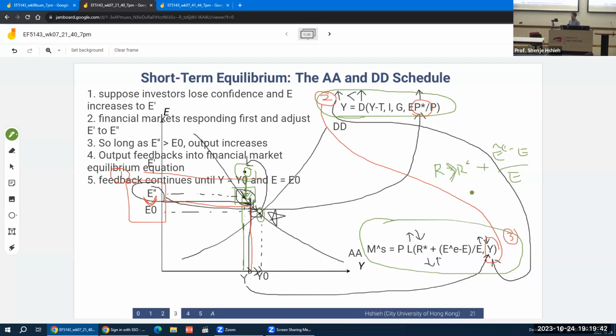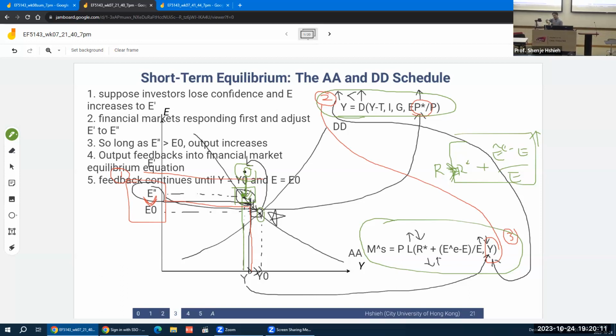You have an E that's too large for a given Y, and carry traders come in and push the E down, so that this entire right-hand side goes up and we're restoring equality. That's why this point here drops onto this AA schedule.